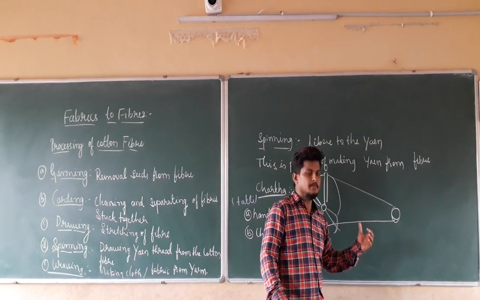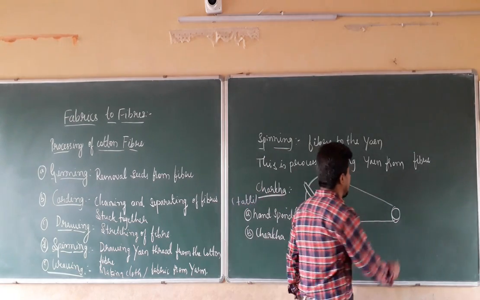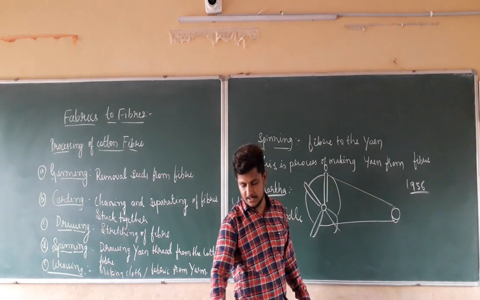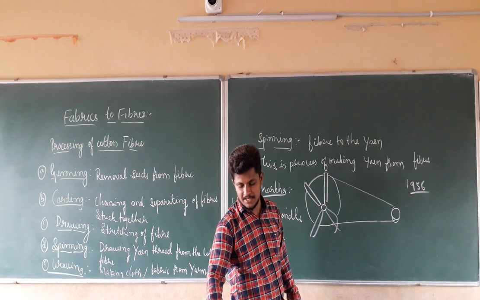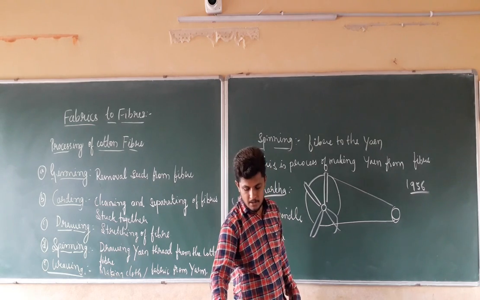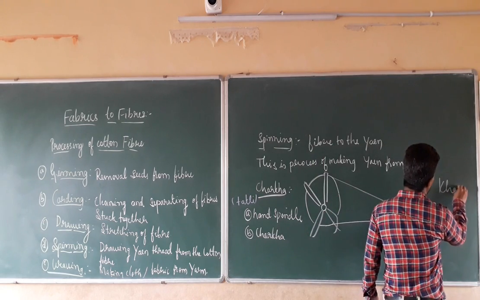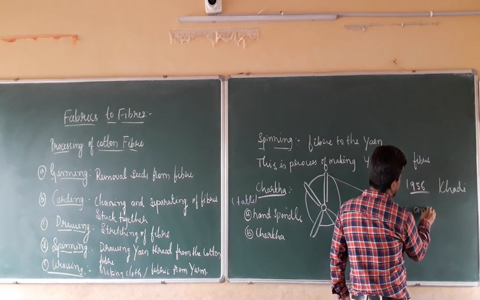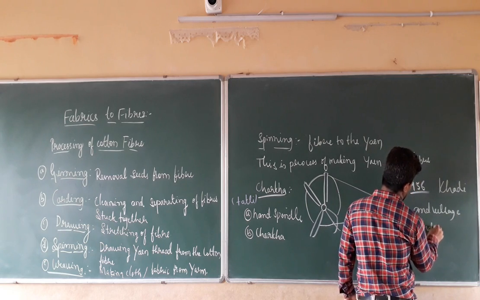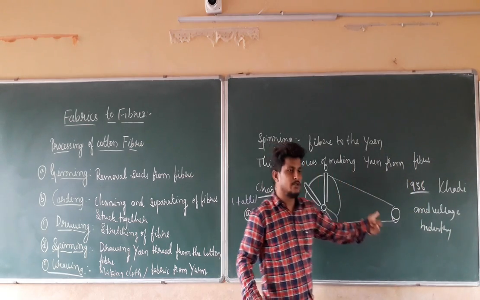Because it is homemade, because it is Swadeshi, the Government of India in 1956 constituted this body of the Indian government, the Khadi and Village Industries Commission, for the purpose of using this Swadeshi cloth.